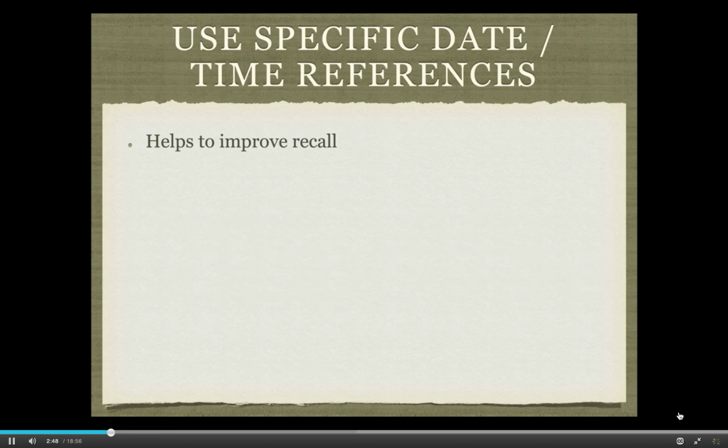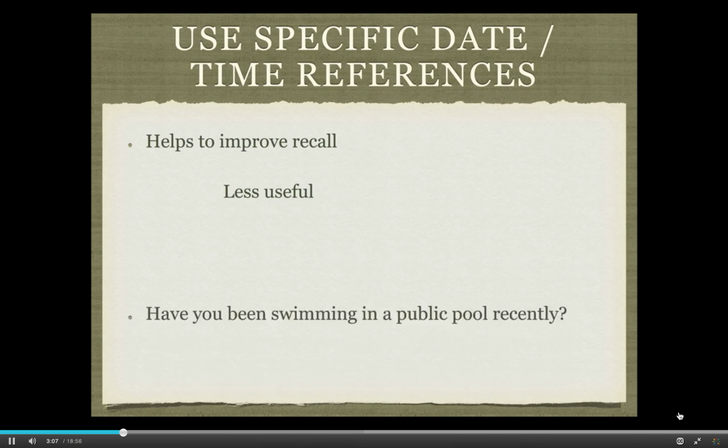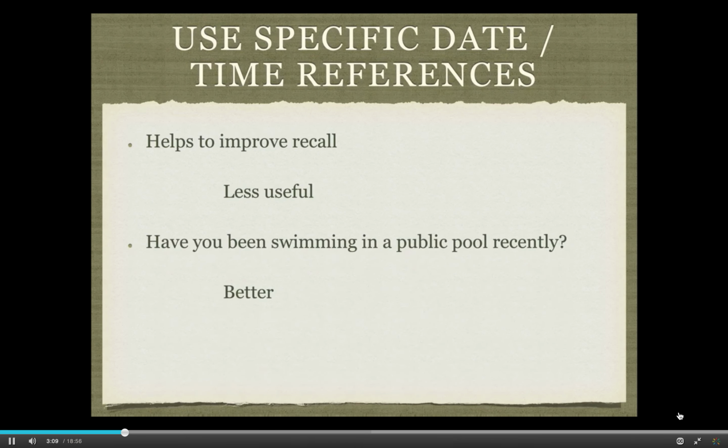When we're asking a question in reference to a specific date or time, we need to ensure that these specific dates and times are included in the question. One of the reasons for this is because they help to improve recall of the participant. A less useful example would be, have you been swimming in a public pool recently?